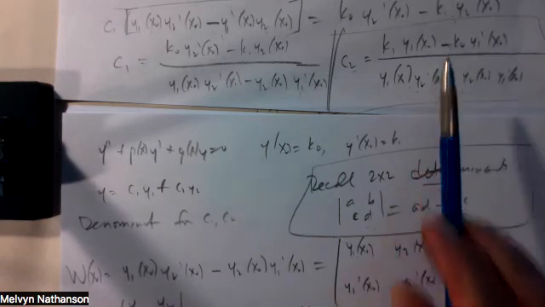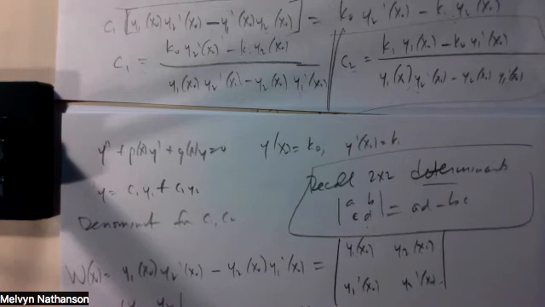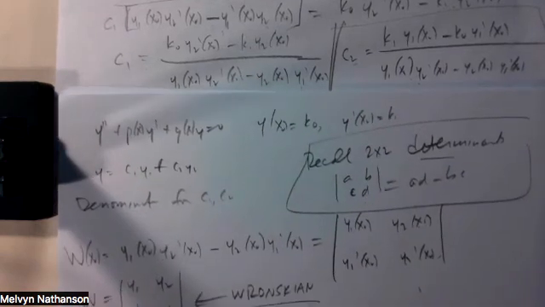And the numerator for C2 is k1 y1 of x naught minus k naught y1 prime at x naught. I can also write that as a determinant. I'll put k naught, k1 here, y1 of x naught, y1 prime of x naught.